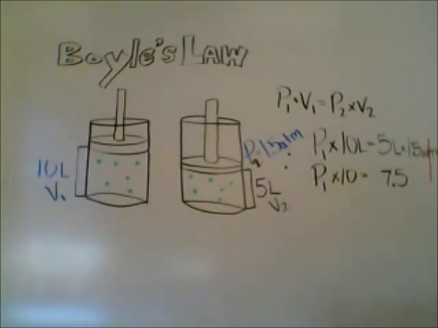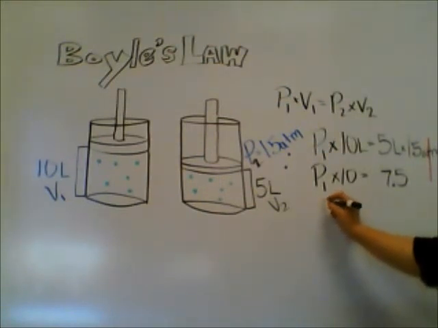So now what we need to do is we need to get the P1 by itself. To do that, whatever you are doing over here, you need to do the opposite of over here. So we've got P1 times 10 over here, so we would divide by 10 over here. Okay, because you want to know what times 10 is equal to 7.5.